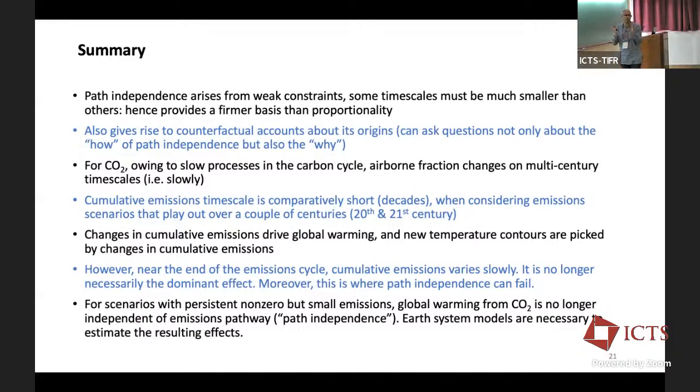It owes to well understood and very simple physics that occurs robustly across a hierarchy of models and that doesn't require the most complicated Earth system models, but of course is persistent in them.